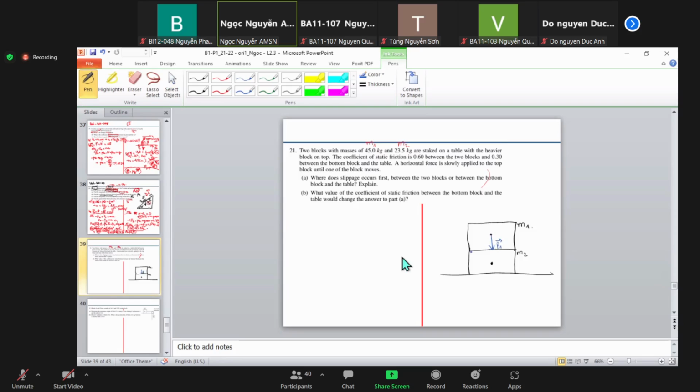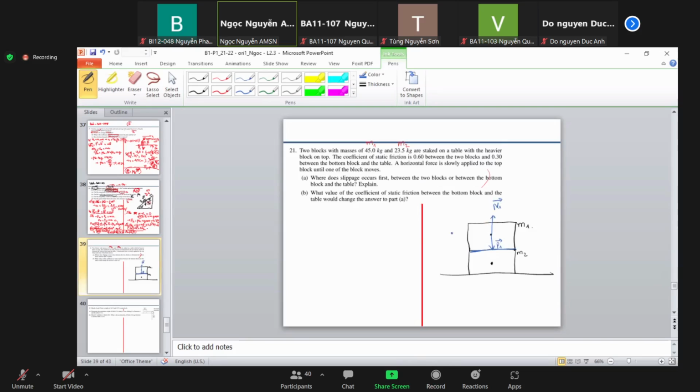Okay, and because you have the interactions between M1 and M2, if you have the P1 like this, you have the reaction force or the normal force, and one is like this, opposite directions.